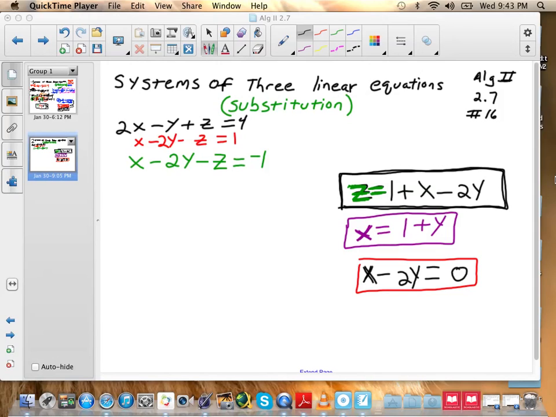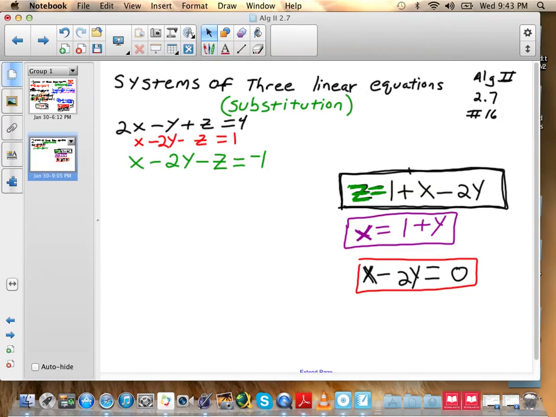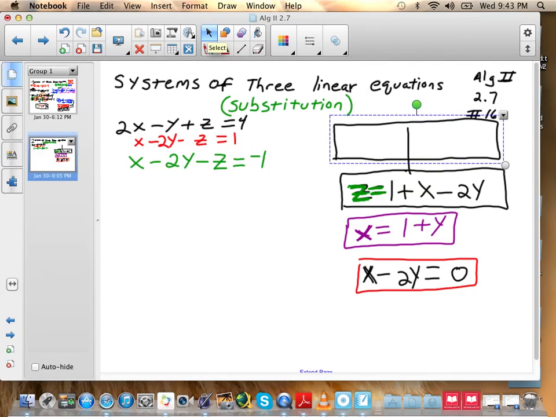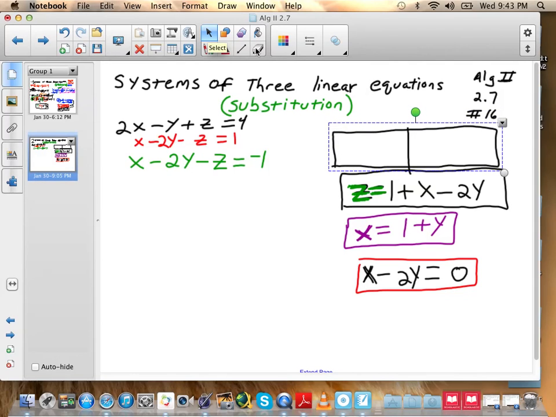And so I've reset it up to where we had our original 3 equations, right? The one written in black, the one written in red, and the one written in green. That's what we started out this problem with. And at the very beginning in step 1, we set z equal to something. So let's get this out of the way for a minute because we're not going to need this one at this time. Okay? So z equals something.